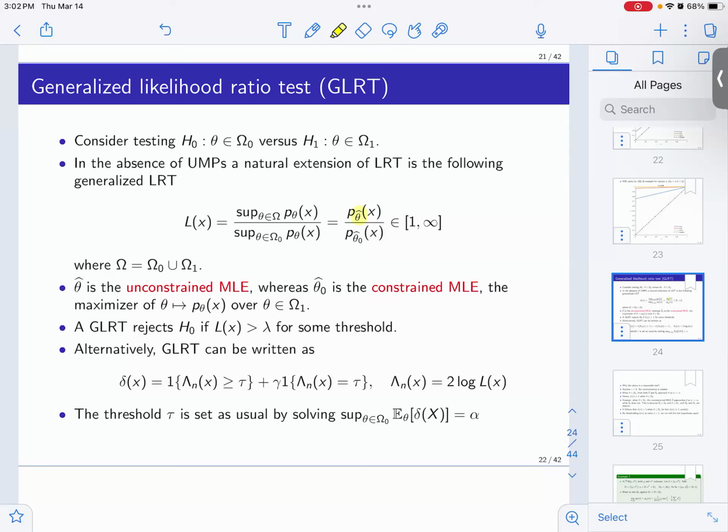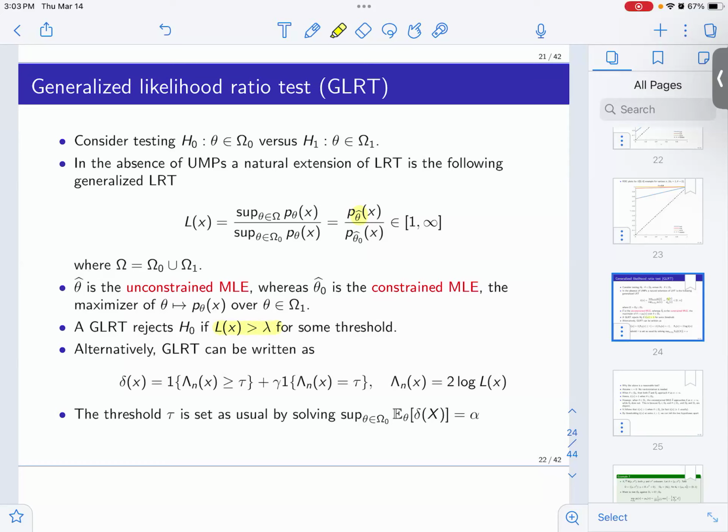And it's always going to be in 1 to infinity, because it's the supremum over the entire parameter space divided by the supremum over the restricted part. So we reject when this is large. The idea is that under the null it's going to be very close to 1, and under the alternative it's going to be very big. And so we reject for some value lambda. So you reject when L of x is bigger than lambda.